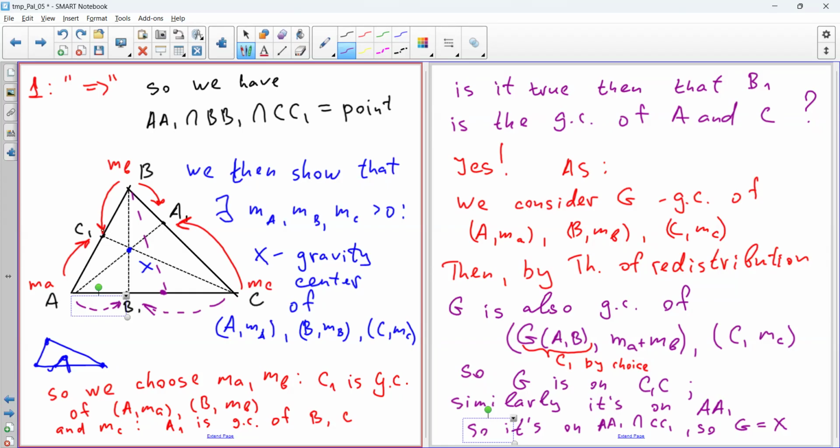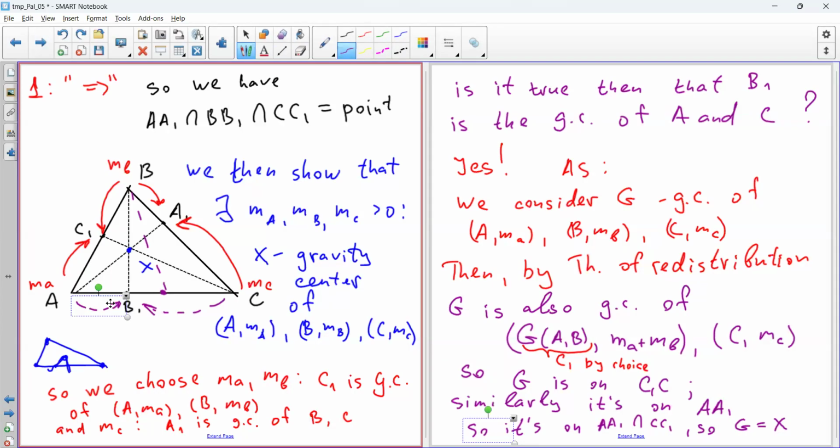So that's how we prove that adjusting these three masses, so that these two points are gravity centers on these two segments, is enough to have this point as the gravity center of these two masses. And that is seemingly some physically geometrical property of matter.